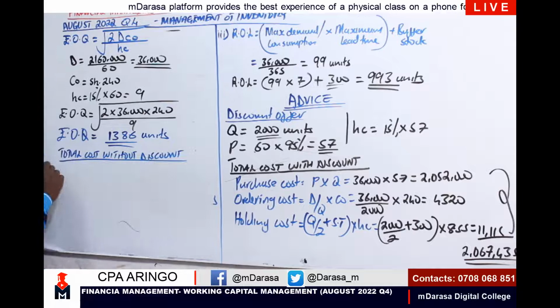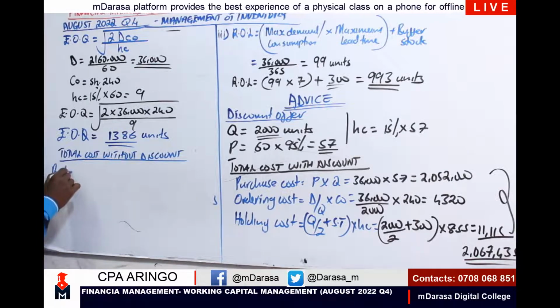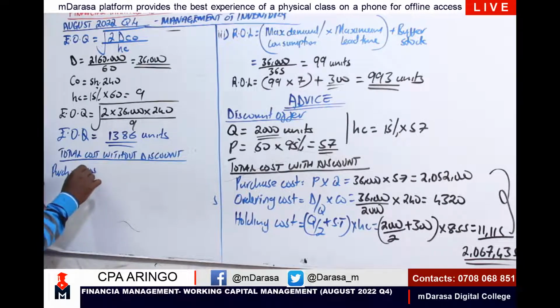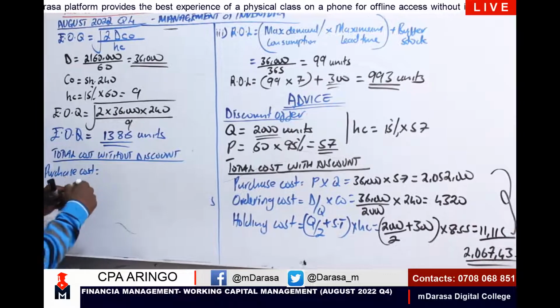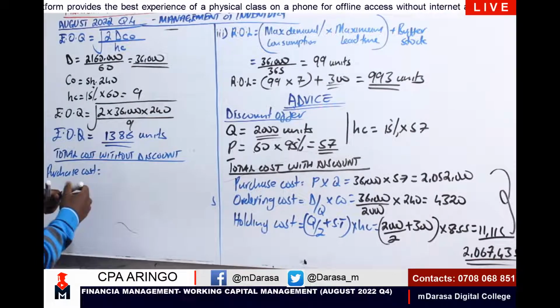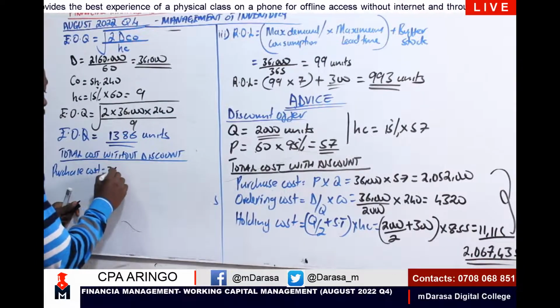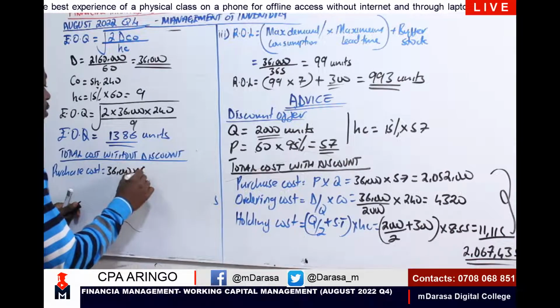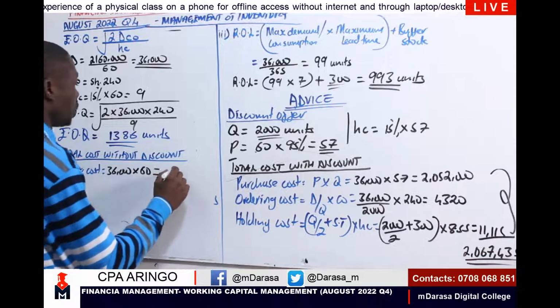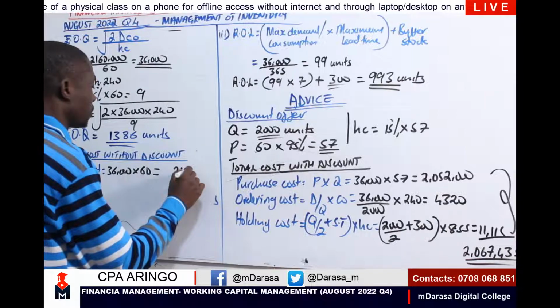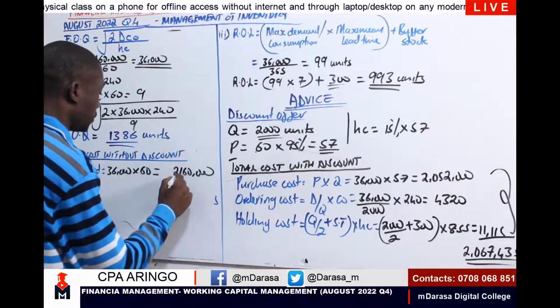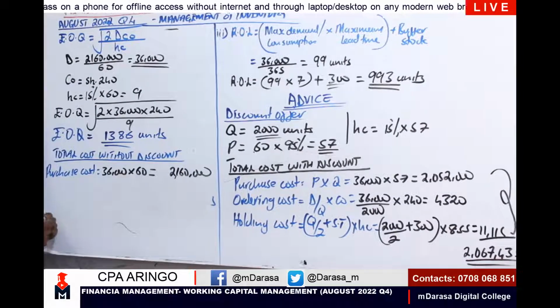We start with our purchase cost. I know very well I should be talking of 36,000 units for the whole year, times of course our 60, which gave us 2,160,000, right? That is our purchase cost.